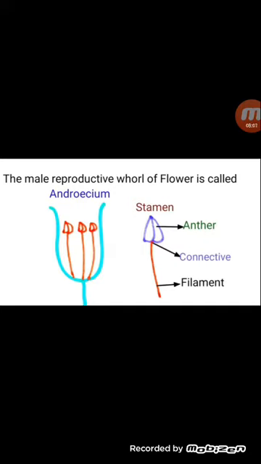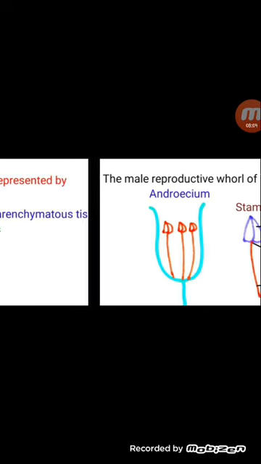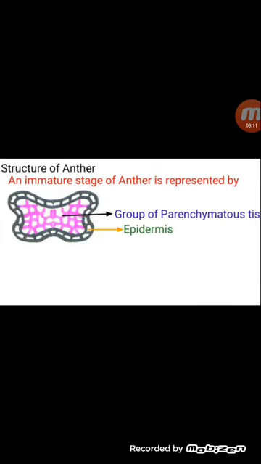Now, structure of anther. An immature stage of anther is represented by a group of parenchymatous tissue, and the first layer of anther is called epidermis.